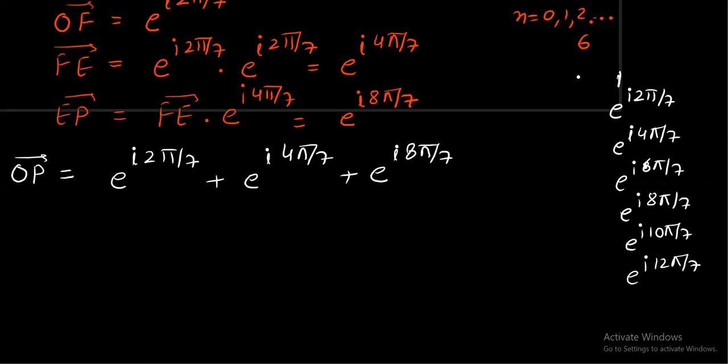So look at these 7 roots that we are getting here. Out of these 7, the ones which are already available in the question are 1, 2, and 3, correct? These are the 3 roots that we are using here in the OP vector.